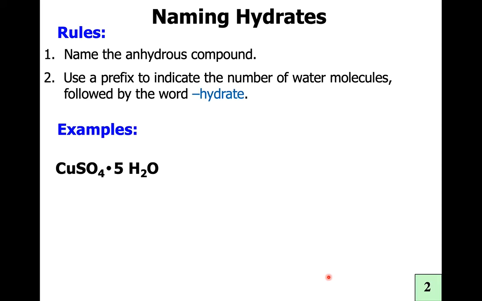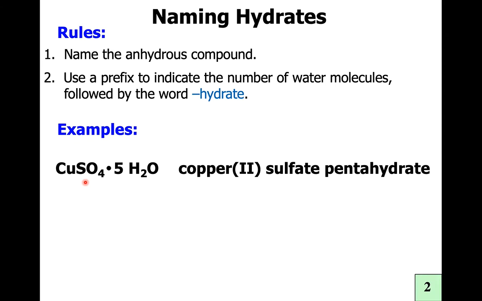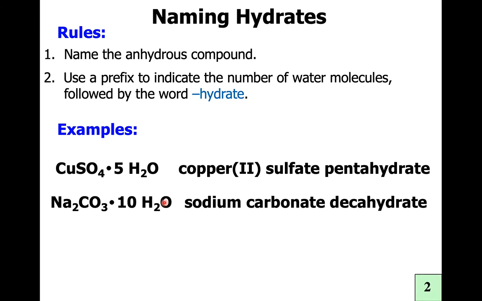And then these hydrates are pretty easy to name. So we name the other piece, the non-water piece of these, as we would have. So copper 2 sulfate. Then we use a prefix to tell you how many waters are there. So copper 2 sulfate pentahydrate. 5 waters, pentahydrate. Sodium carbonate decahydrate, to tell you that there's 10 water molecules.